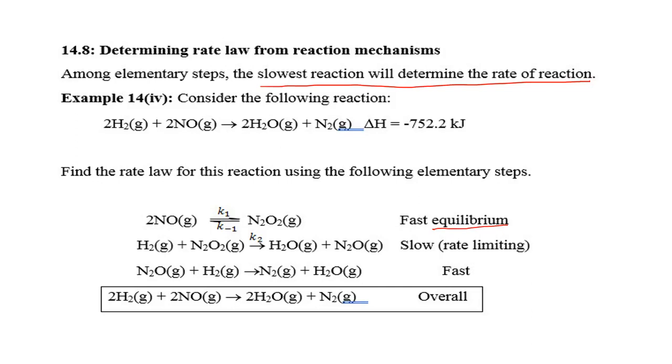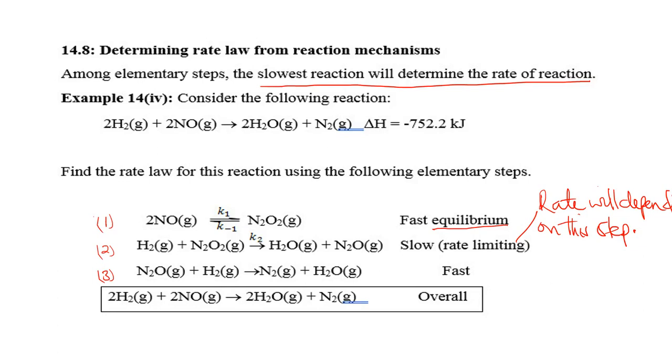So it goes forward, it goes backward. We have slow, we call it rate limiting, because rate will depend on this step. So the reaction rate will depend on the second step. And then we have the third step that is just fast, but it's not equilibrium. So we have step 1, step 2, step 3.